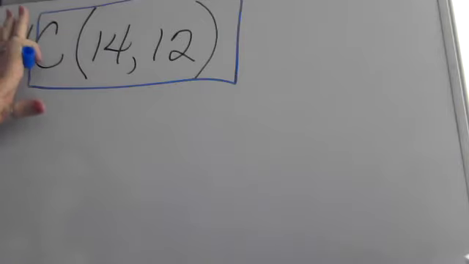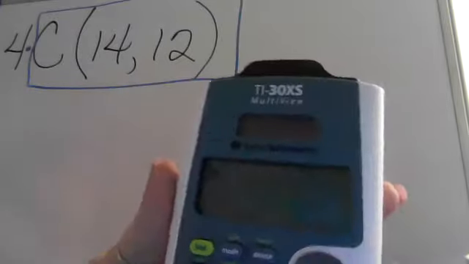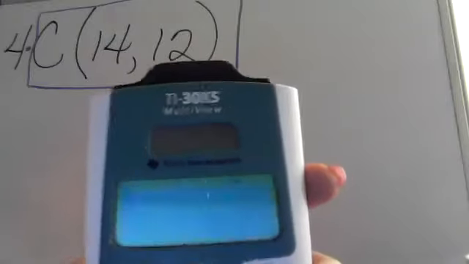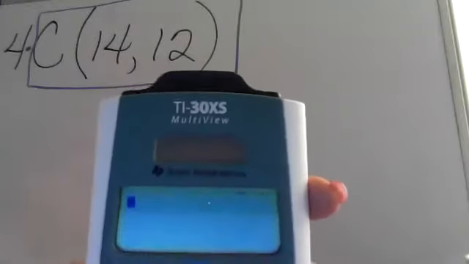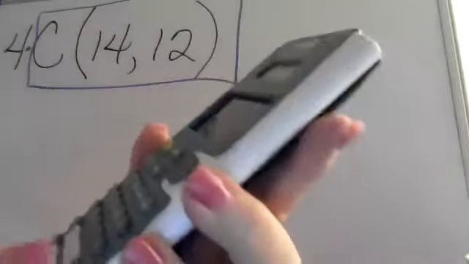So this combination can be done in the calculator. You already saw that in the probability. So let's do this in our calculator. It's going to be exactly like the permutation. So I'm going to put 14 in because I need the calculator to know what we're working with.